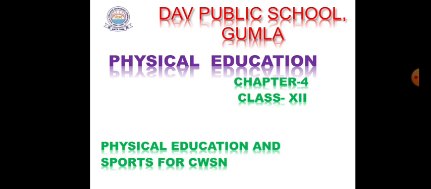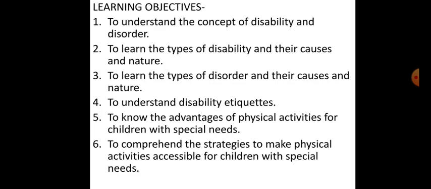So, what are the contents or points we have to discuss? The learning objectives are to understand the concept of disability and disorder. Second, to learn the types of disability and their causes and nature. Third, to learn the types of disorder and their causes and nature.